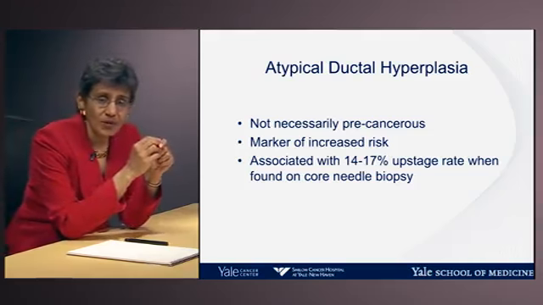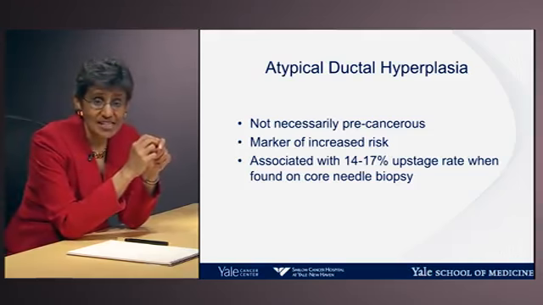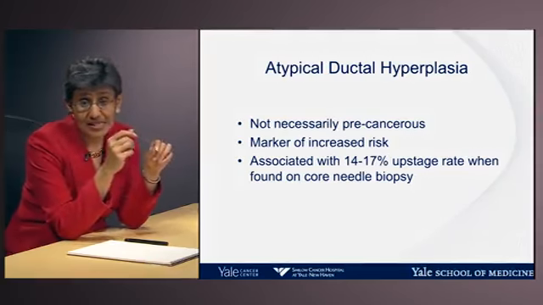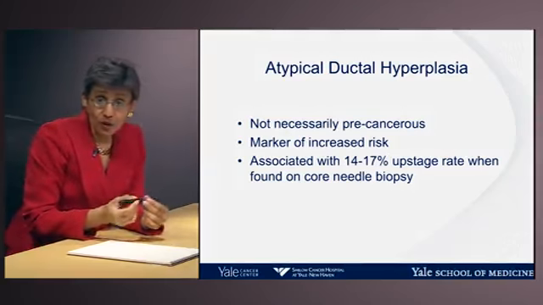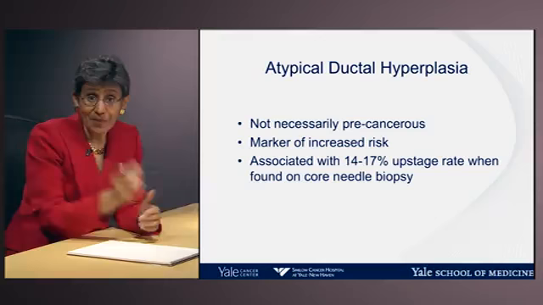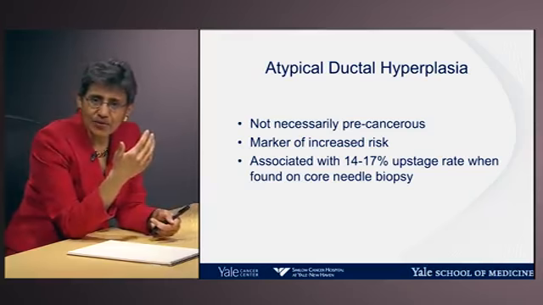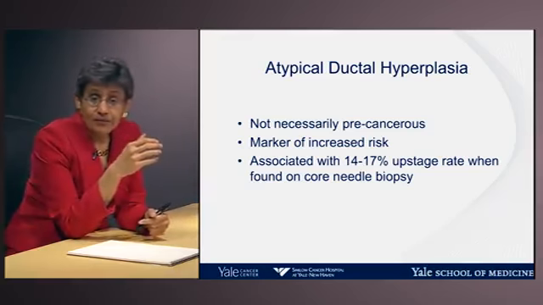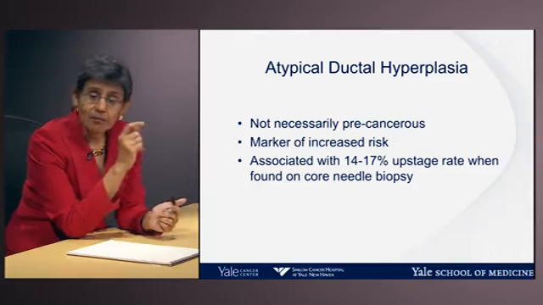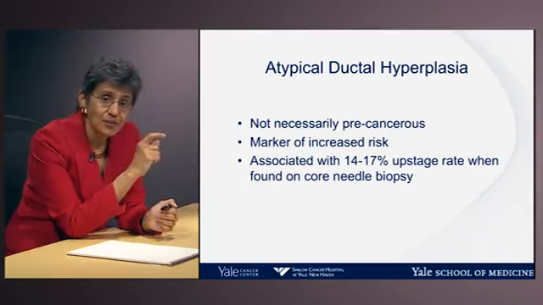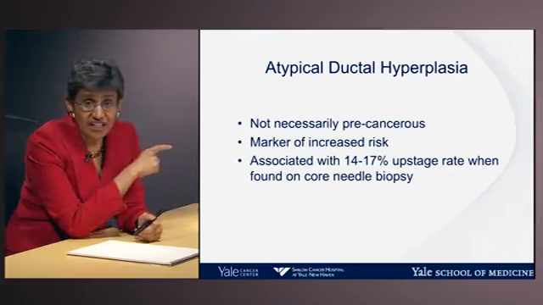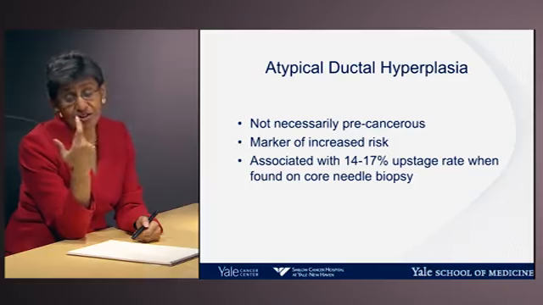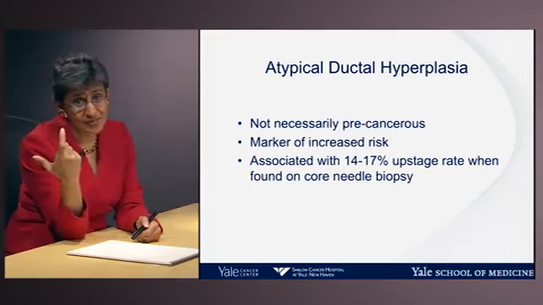What's important about atypical ductal hyperplasia is that when you have a core needle biopsy, that is to say a biopsy done with a needle not bigger than my pen, and you find atypical cells, oftentimes we'll need to take out that area. Not because this is a cancer, but because in 14 to 17% of cases, these funny-looking cells can hang out with even funnier-looking cells that are in situ or invasive cancers.